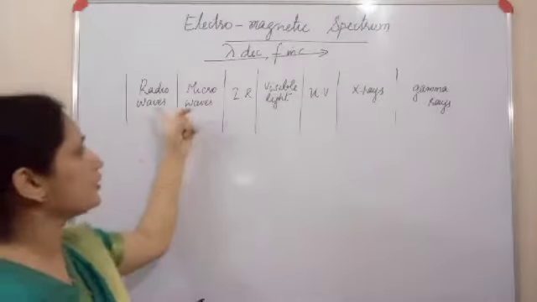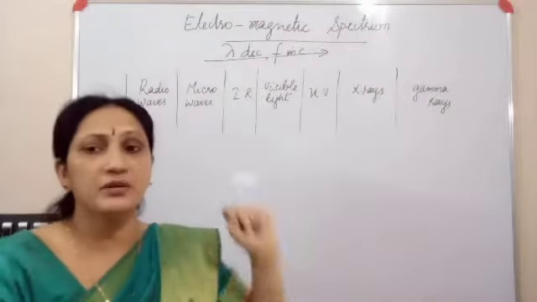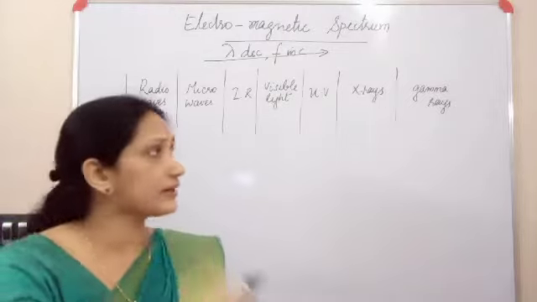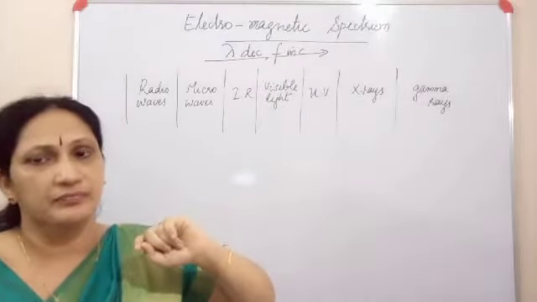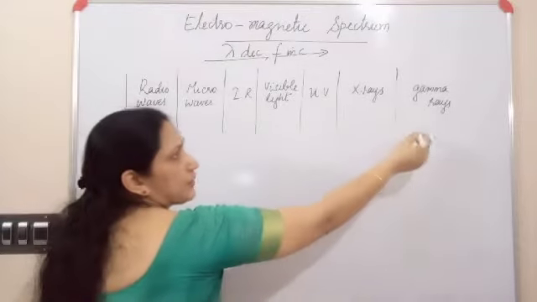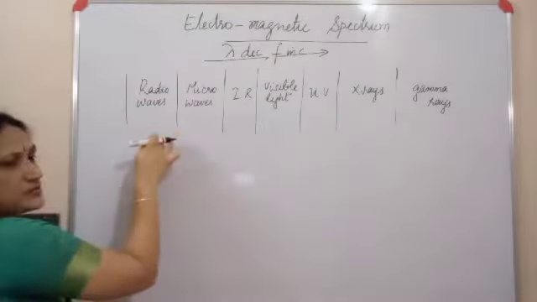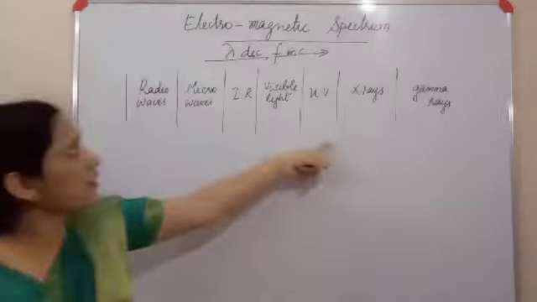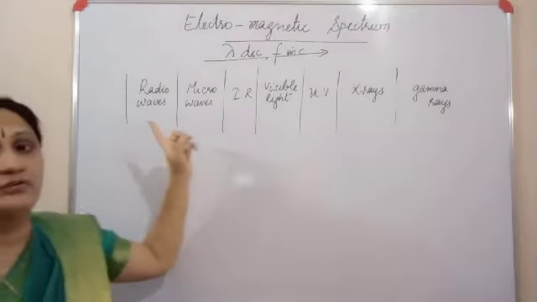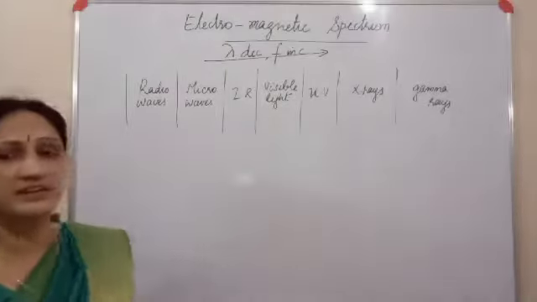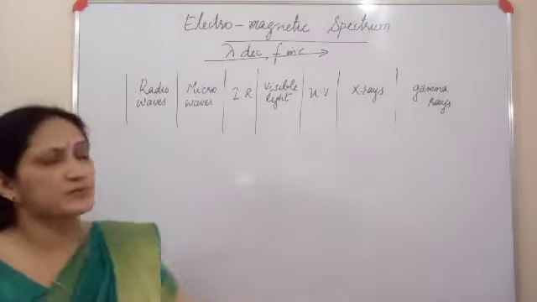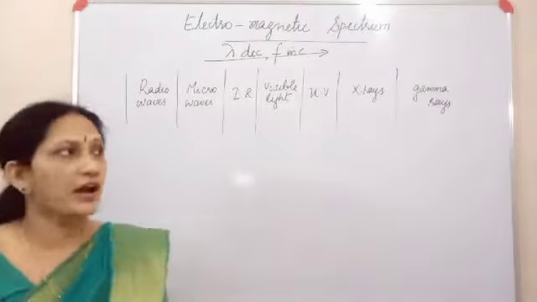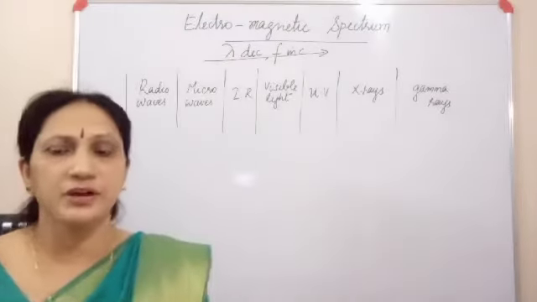Then in reverse, when you move from gamma rays to radio waves, wavelength keeps increasing and frequency keeps decreasing.